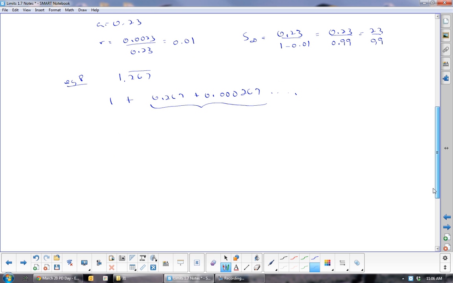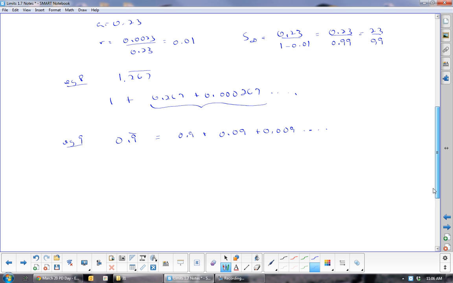Now this one here just messes with people's heads. So I thought, okay, let's do this one. 0.9 repeating. You want to write this as a fraction. Well, this is 0.9 plus 0.09 plus 0.009 dot dot dot.